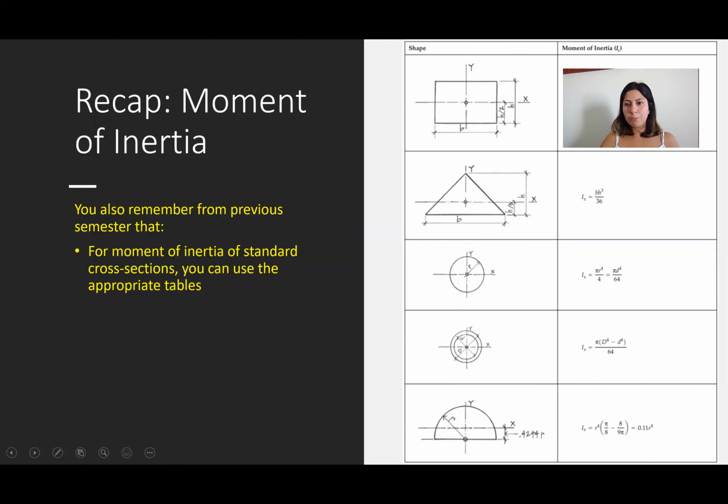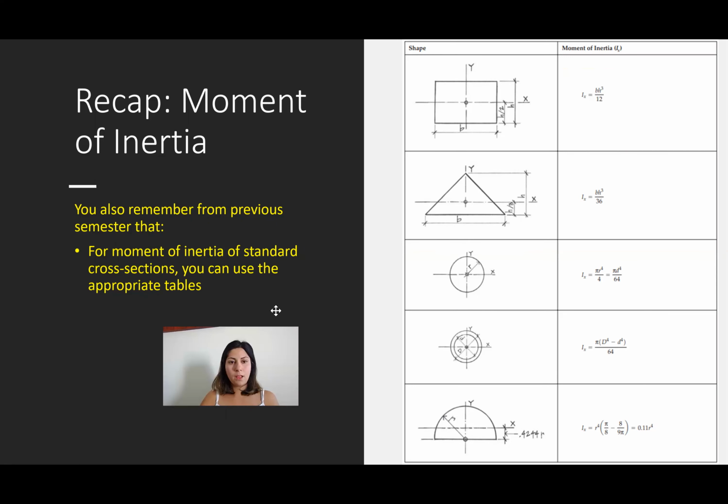Here is a recap for the moment of inertia. So we have different formulas for standard beams. For the rectangular shape beam, we have a moment of inertia around x-axis equal to bh cubed divided by 12, and the square, and for the triangle, we have this formula.